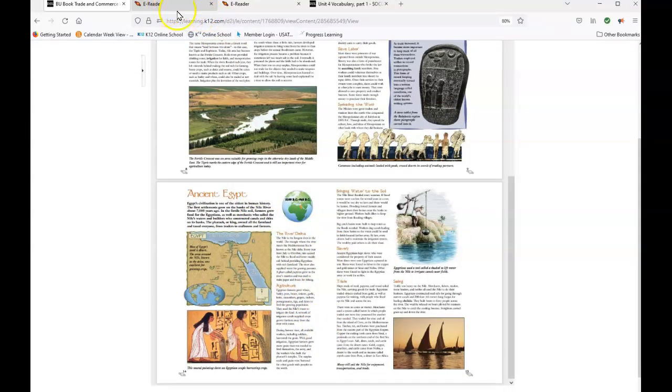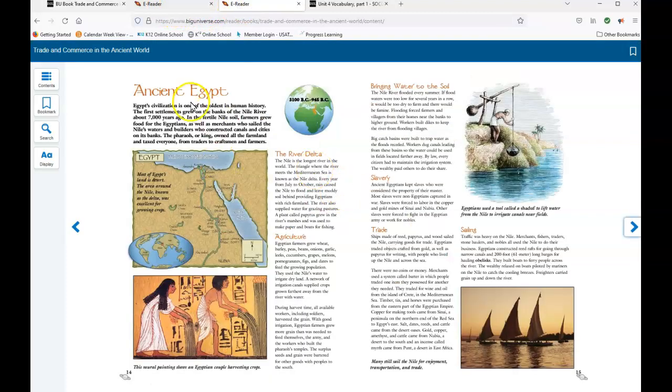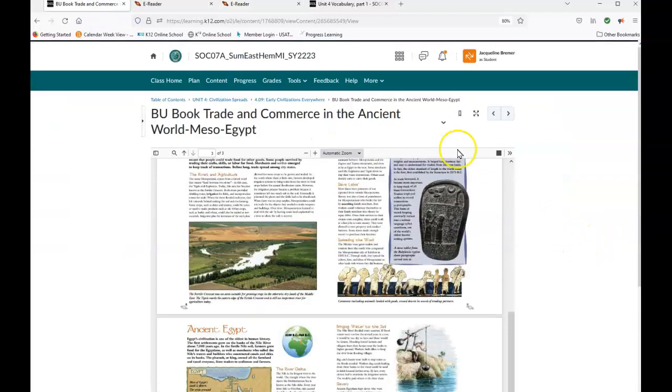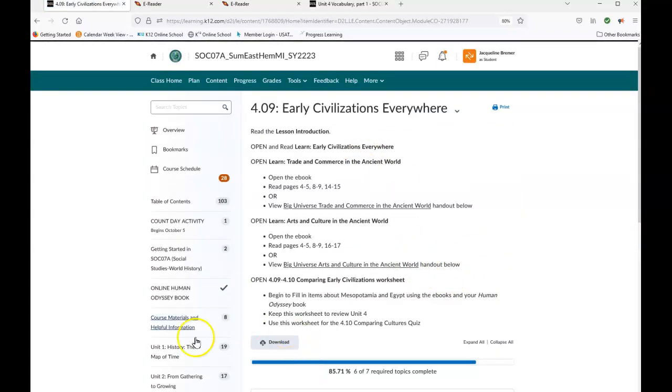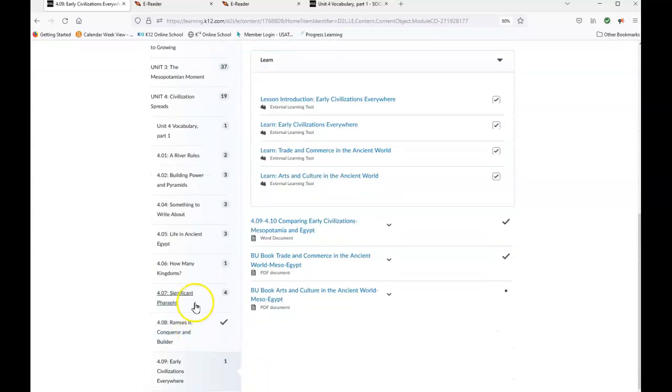That's why I wanted you to actually open up the e-reader, because they're a little bigger, and it's just a little bit easier for you to read. Okay, so let's go back to the lesson. So that was yesterday's lesson. Let's go back to lesson 4.10.